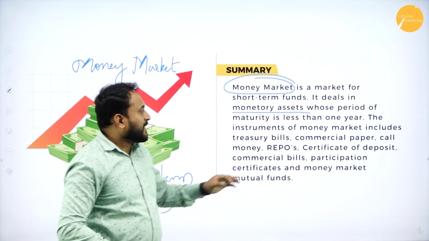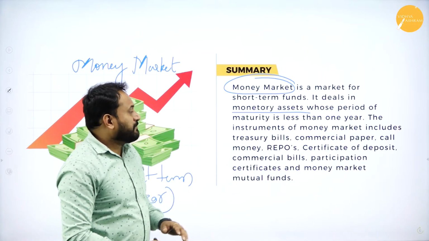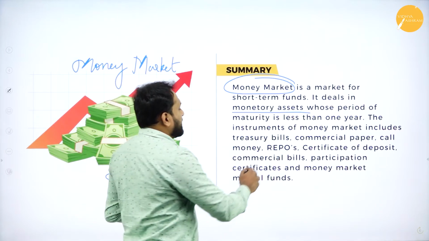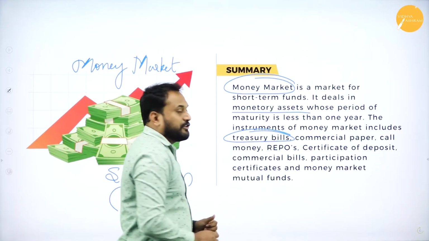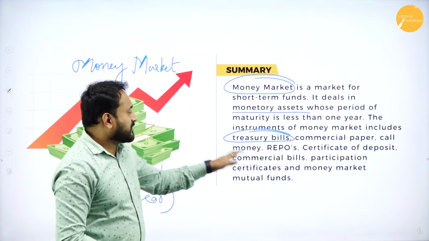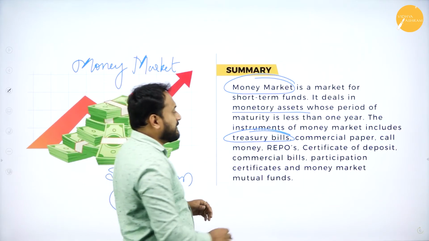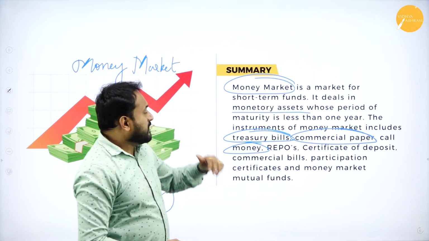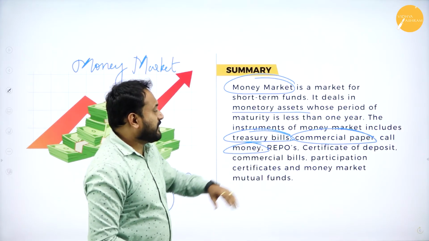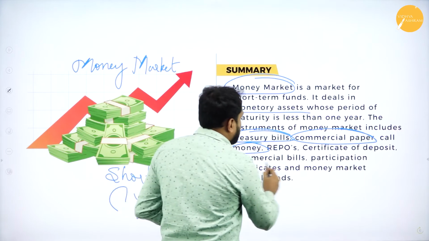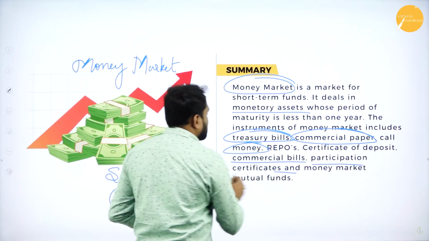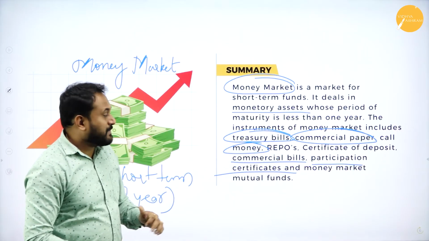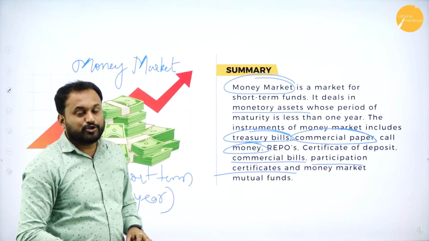The instruments of money market include, now these are the short-term funding things, treasury bills, commercial papers. I have told you about all these things. Call money, REPOs, then certificates of deposit, commercial bills, participation certificates, and money market mutual funds.